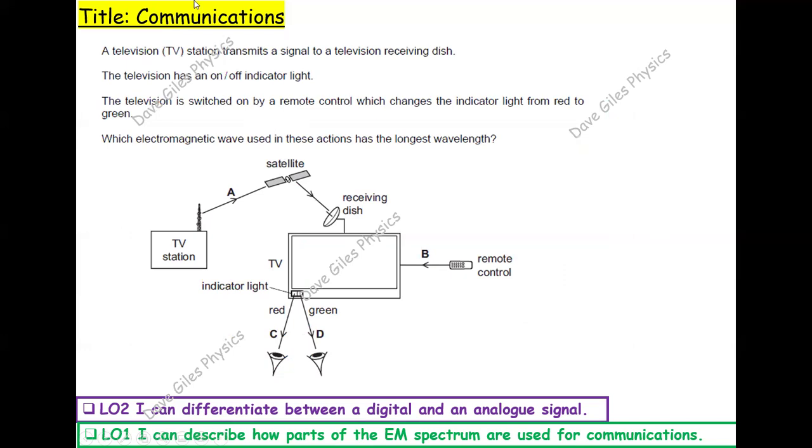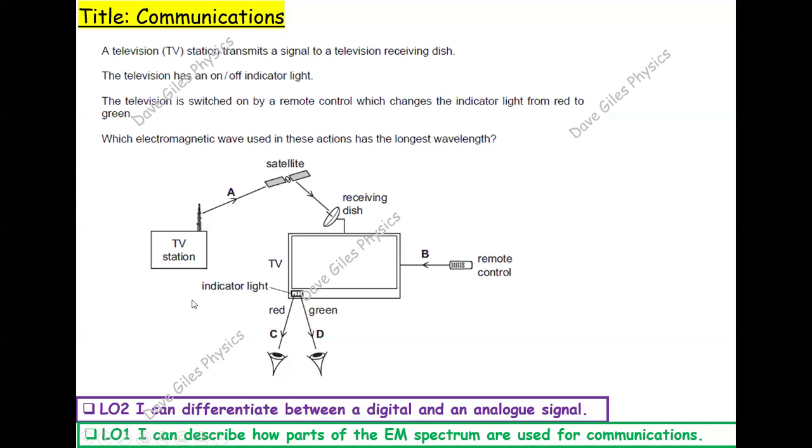A television station transmits a signal to a television receiving dish. The television has an on-off indicator light. The television is switched on by a remote control, which changes the indicator light from red to green. Which EM wave used in these actions has the longest wavelength?